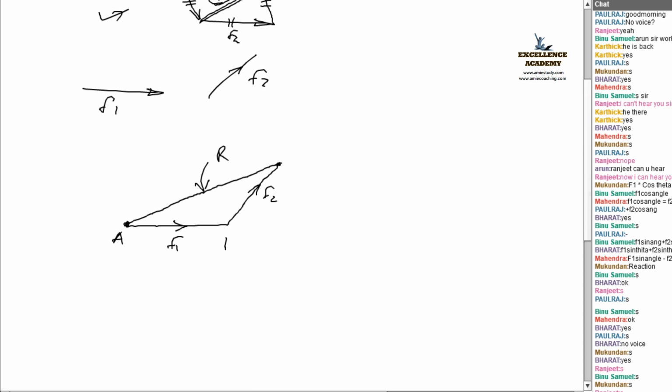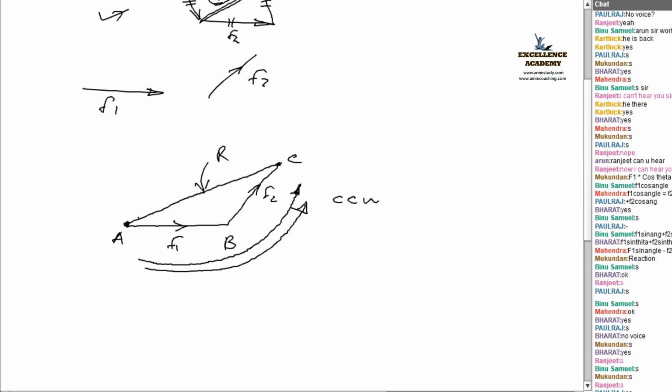That means, say, AB represents the force F1 and BC represents the force F2. Then AC will give you the resultant. And the direction of the forces is in which direction now? F1 is in this direction, F2 is in this direction. That is, I am moving in the anti-clockwise direction.